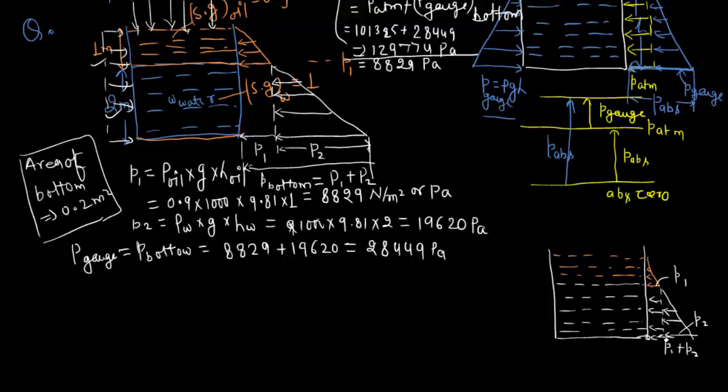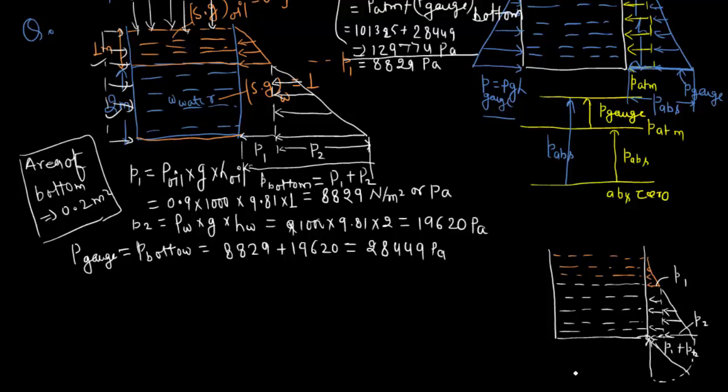Now from Pascal's law we know that in a static fluid at a point the pressure intensity remains same in all directions. So obviously in this case the pressure intensity in this direction and in this direction will be same. Now as over this bottom layer the fluid height is same, according to the hydrostatic law the pressure intensity remains same because H is same.